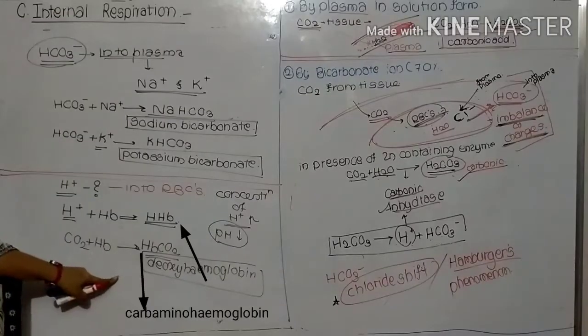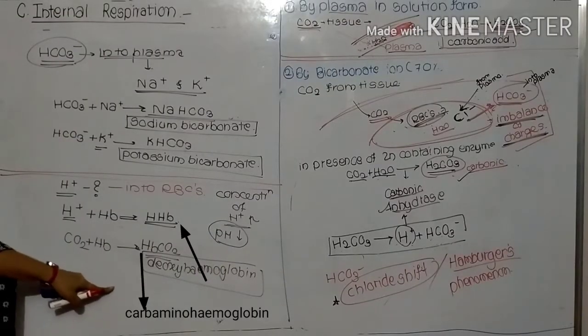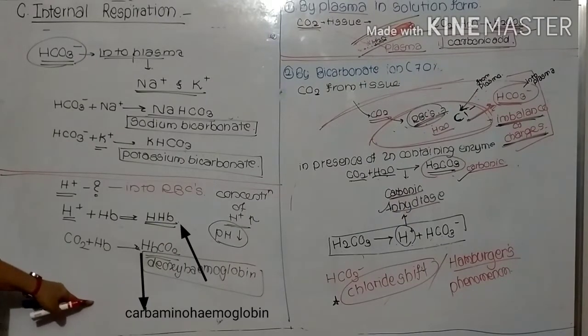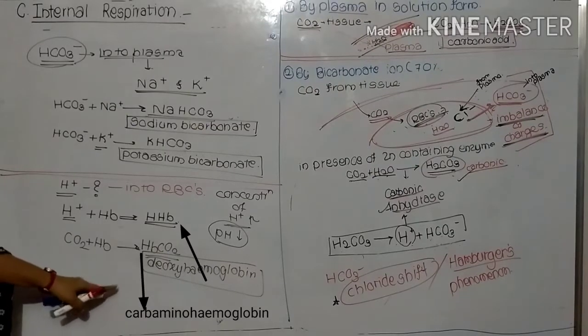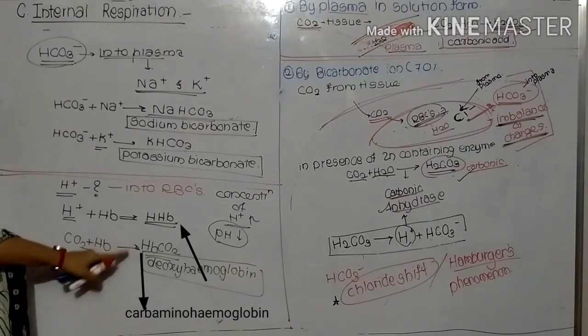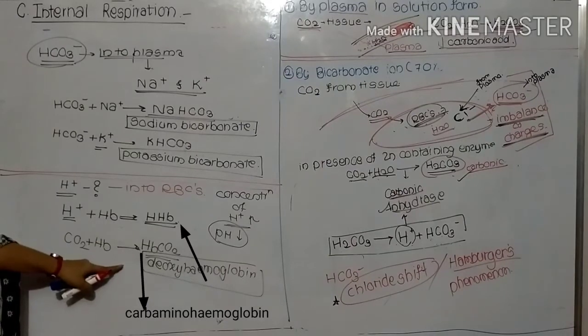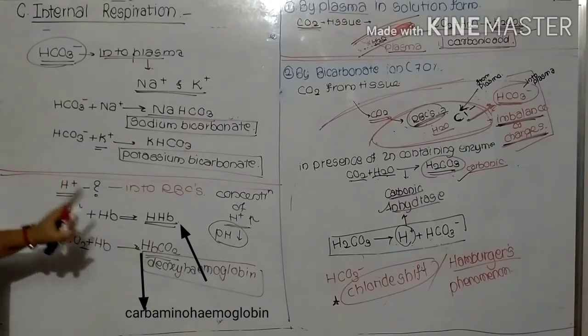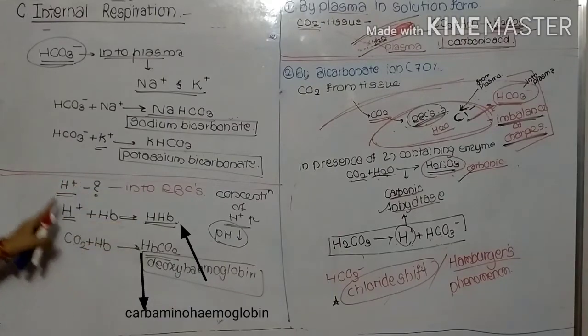Now this deoxyhemoglobin which is produced, there is H plus ion which might be expected to lower blood pH, but they are buffered by hemoglobin by the formation of this deoxyhemoglobin. Okay, so that is known as reduced hemoglobin. So this is what happens with that H plus.